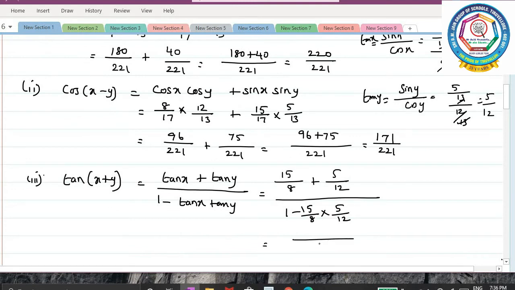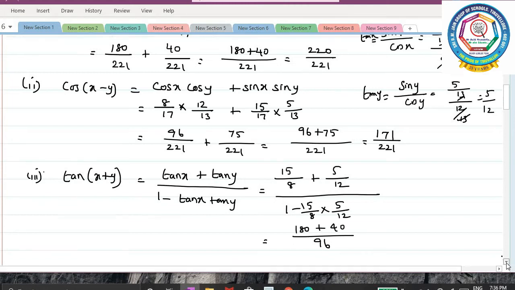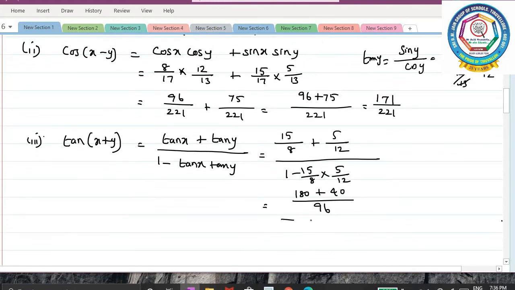Now I am going to cross multiply. 12 into 8, 96. 12 into 15 is 180 plus 8 5s are 40, divided by 1 minus, we multiply 15 into 5, 75 by 12 into 8, 96.